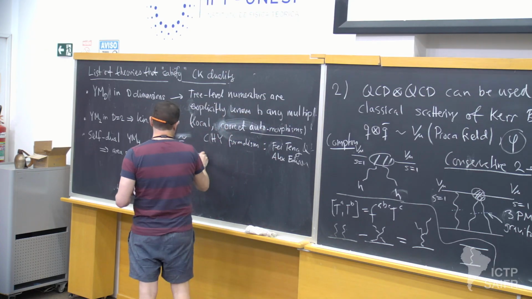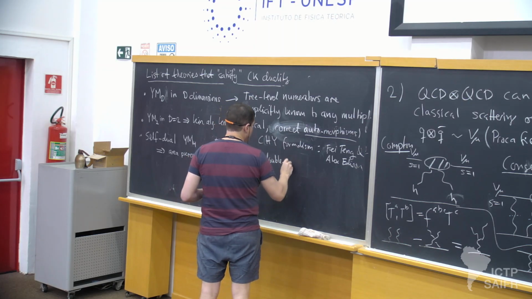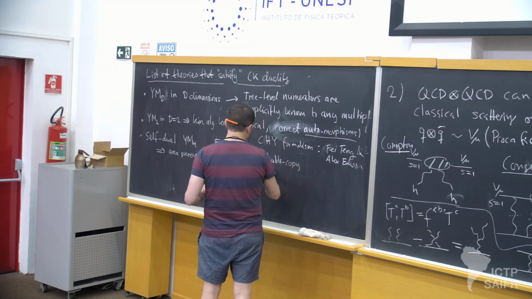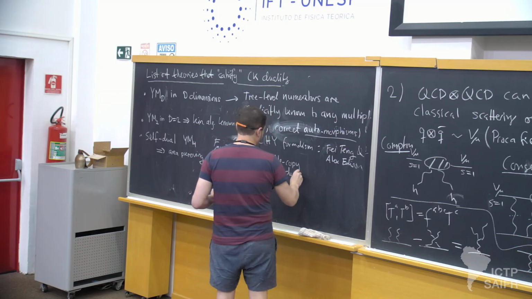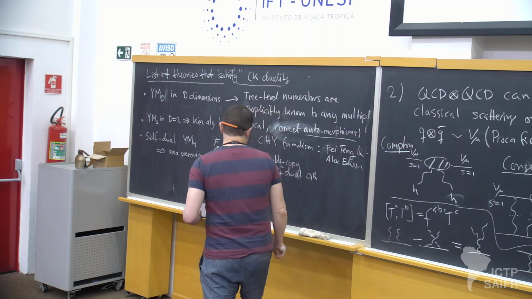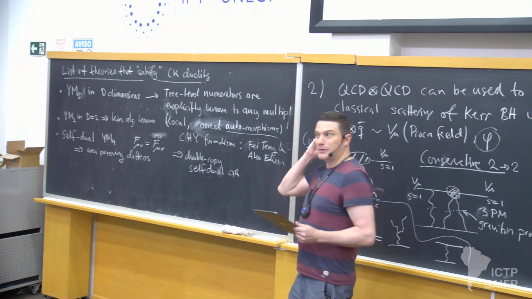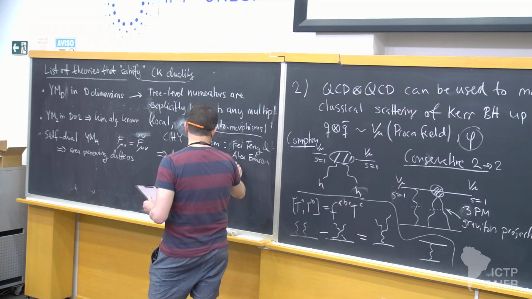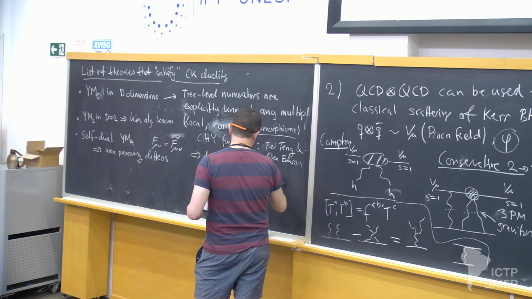Yeah, so maybe I should write that here. So double copy is self-dual gravity, GR. I don't know, how many know what self-dual gravity is? Yeah, so it's basically the same. You take the Riemann tensor, and then you impose that it is equal to its dual.